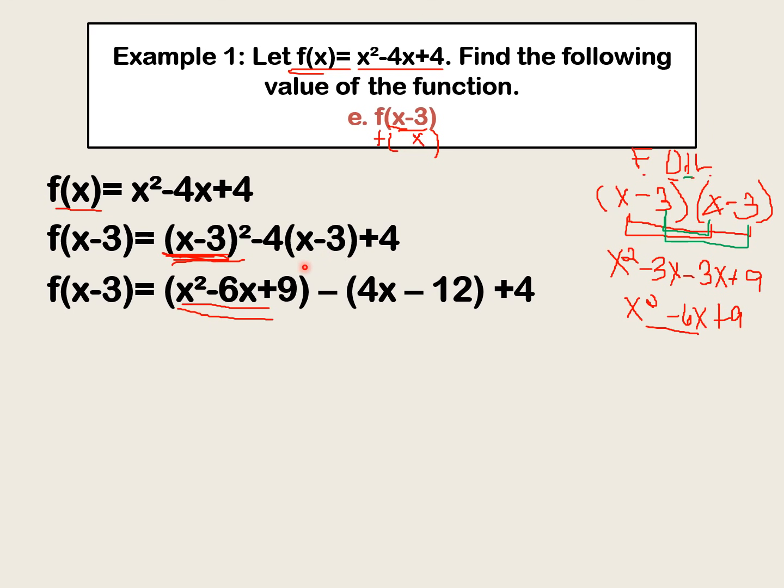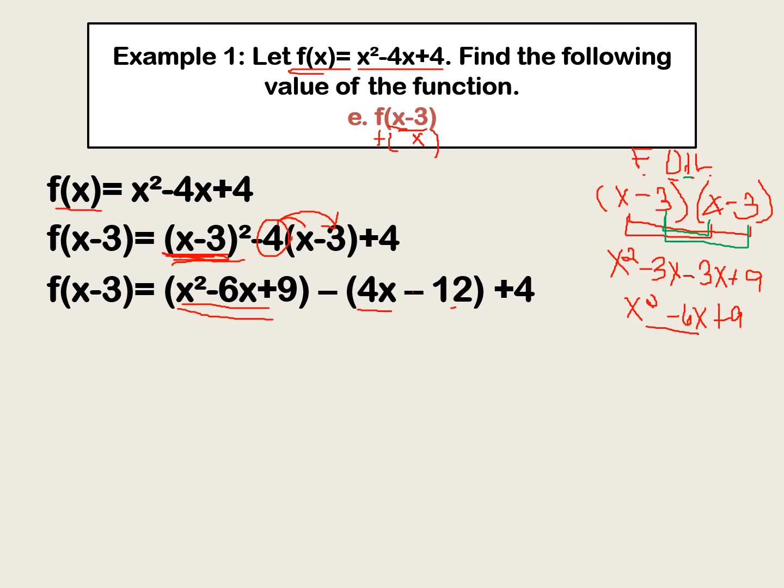Since meron tayo dito multiplication, distributive property tayo. Okay? So, 4 times x. Bale, 4x. Okay? 4 multiplied by negative 3 would be negative 12.